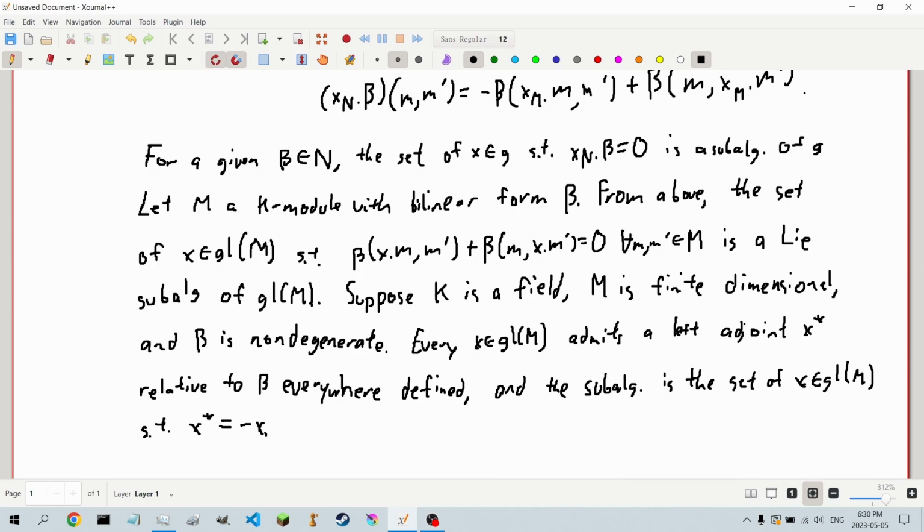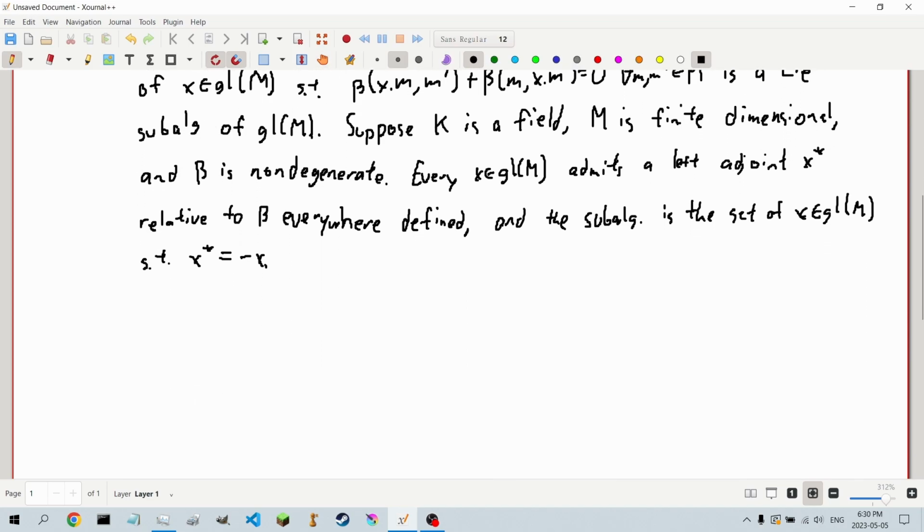Is the idea there. So by this process, we will be constructing some examples.